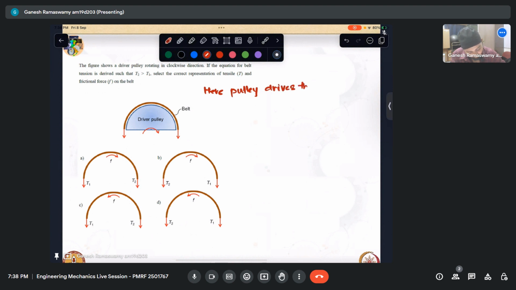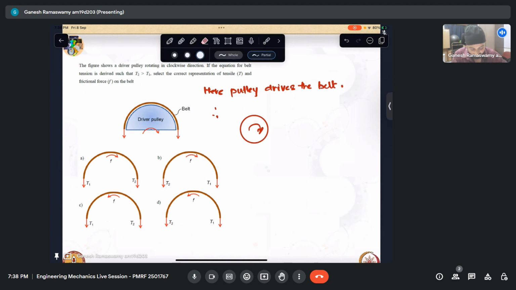So therefore force is applied, since this is rotating like that, the driver pulley is rotating like that. What it will try to do is to take it tries to take the belt along with it.